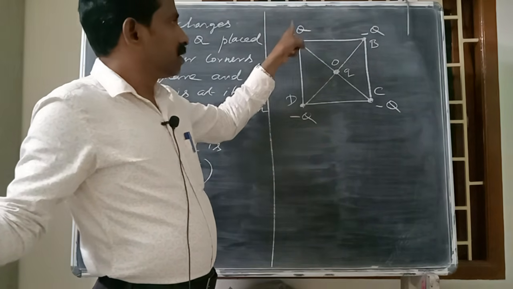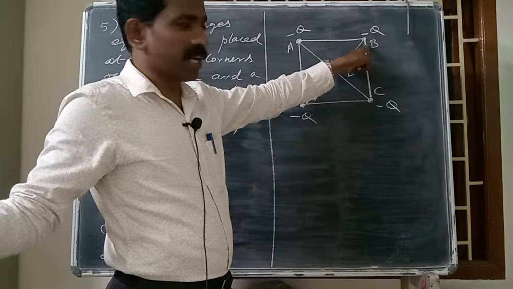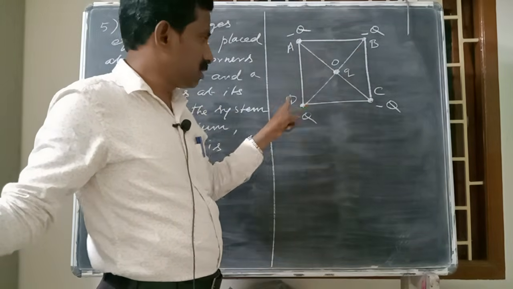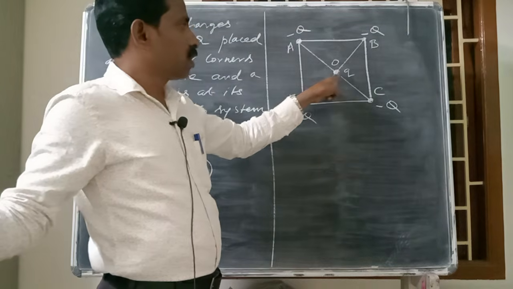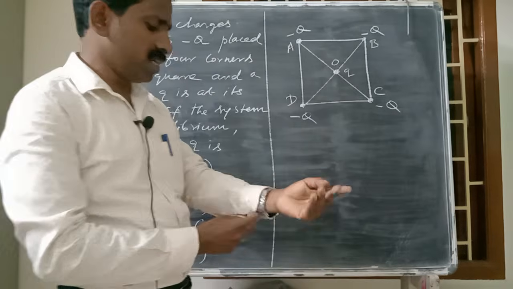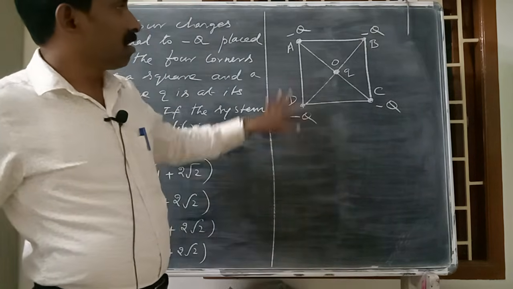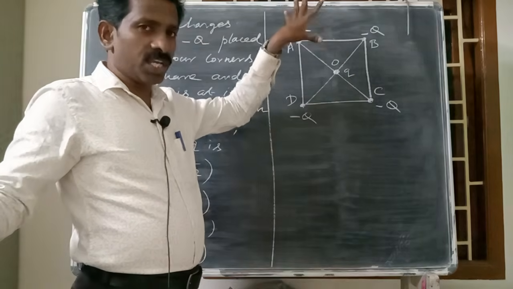This minus q should be at the point A. This minus q should be at the point B. This minus q should be at the point C. This minus q should be at the point D, and small q should be at the point O. So this setup should not be disturbed. Okay, then only we can say that this system is in equilibrium.